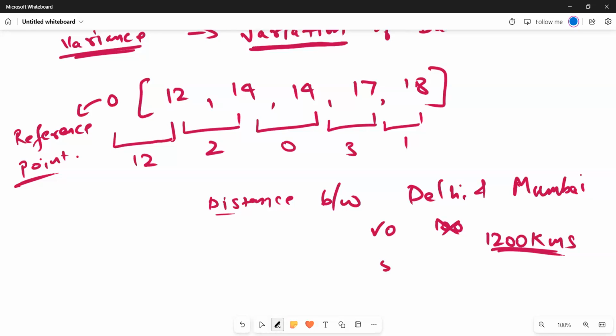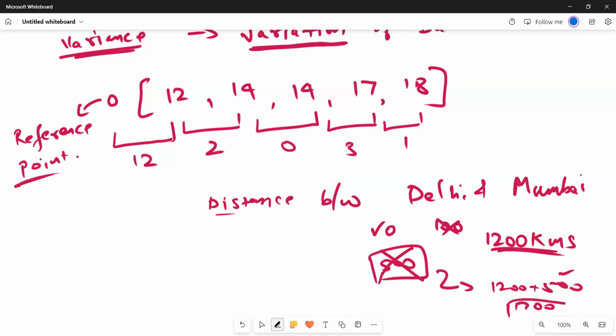What if someone starts your counting from 500? This is technically wrong, but even if you start counting from 500, you need to add this reference point. So if it's originally 1200, you simply have to add 1200 plus 500 and you'll end up getting 1700. But this way, everyone gets confused.